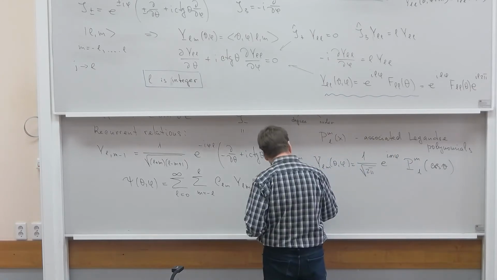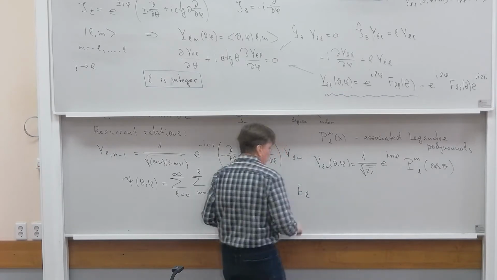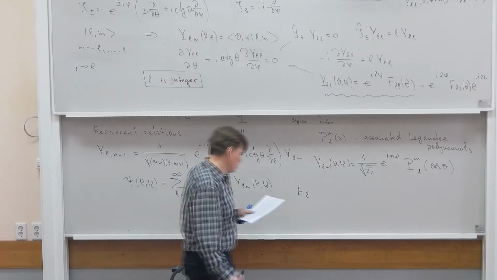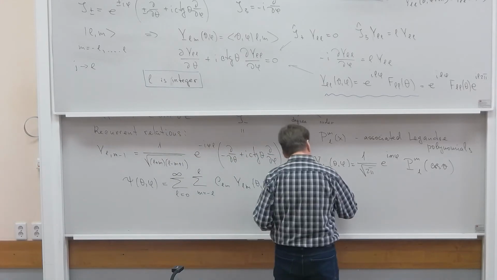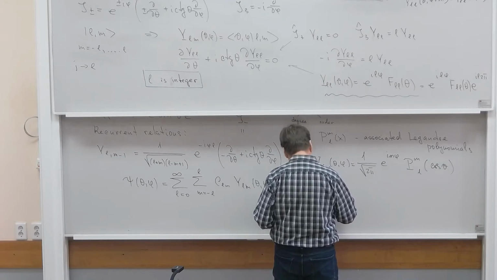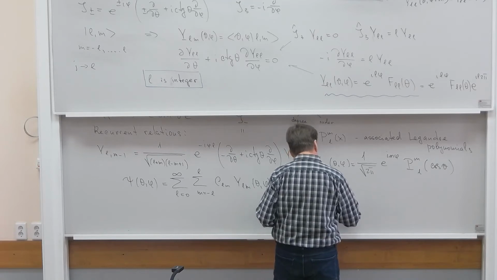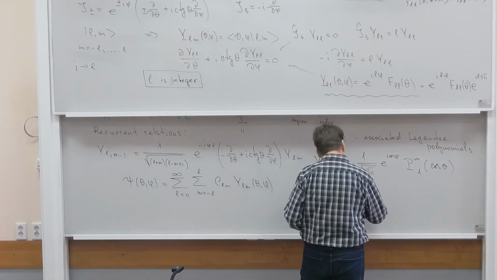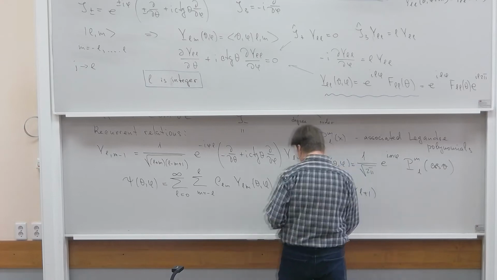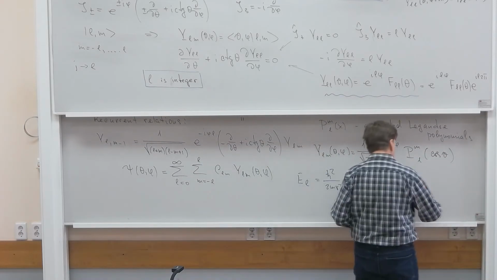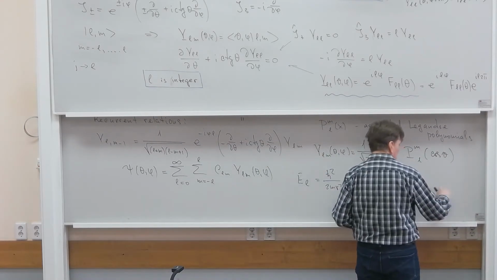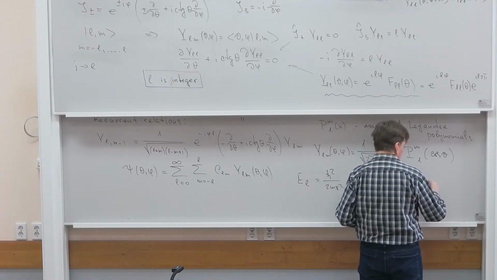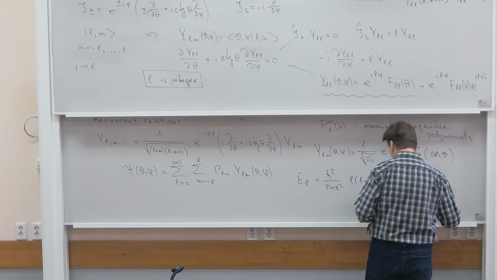And we conclude also that the possible energy spectrum of the linear rigid rotor is given by these numbers: h bar squared over 2 m r squared, L(L plus 1), where L may take all natural values, 0, 1, 2, and so on.